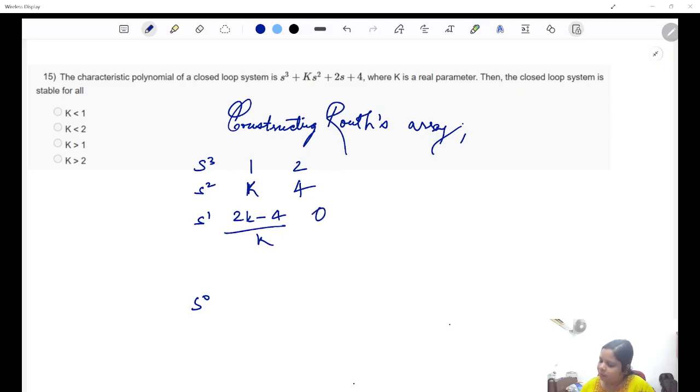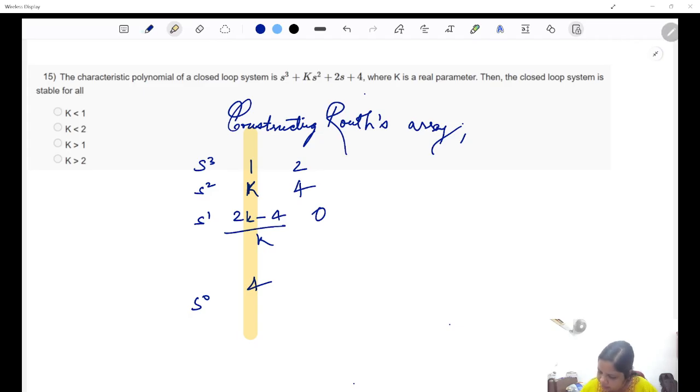And for s to the power 0 it would be 4, right? Now, how to make the system stable? That means this complete column should have the same sign. So you see there are two terms, 1 and 4, which are already positive. That means the other terms should also be positive, right?